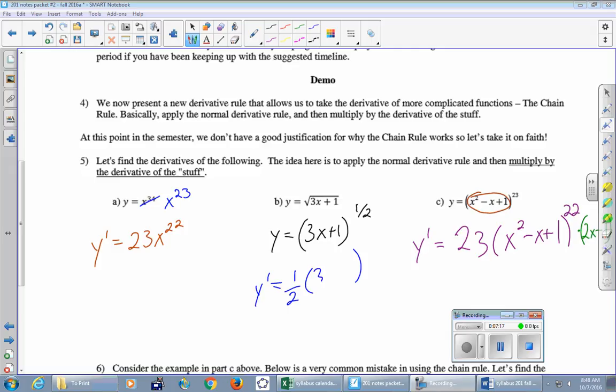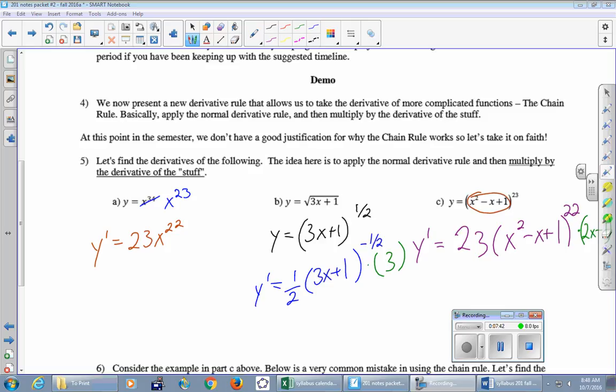We copy the stuff, 3x plus 1. What's the new power? Negative 1/2. But then the brand new thing says times the derivative of the stuff, which is just times 3. The 3 times 1/2 becomes 3/2. That's about all we can do. All right, questions on that?